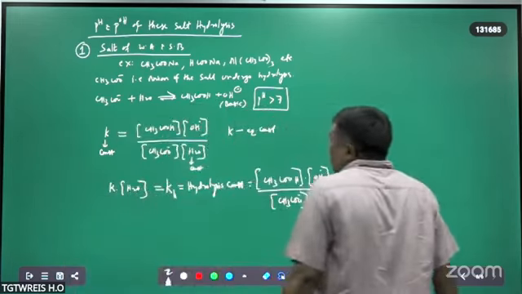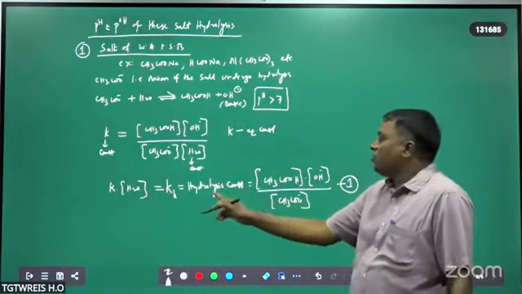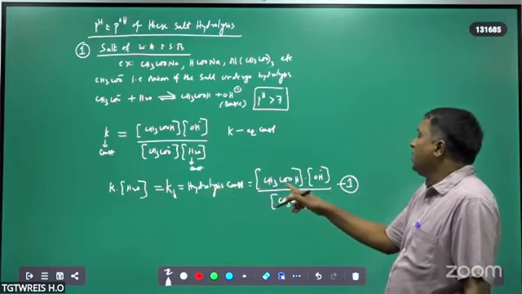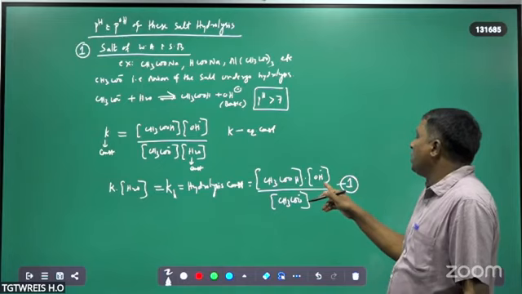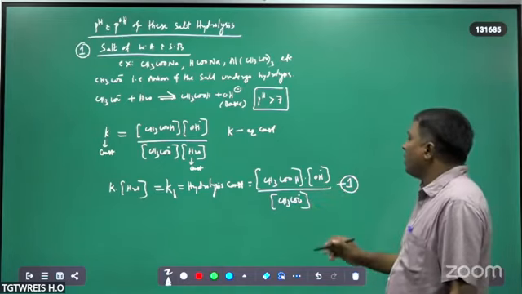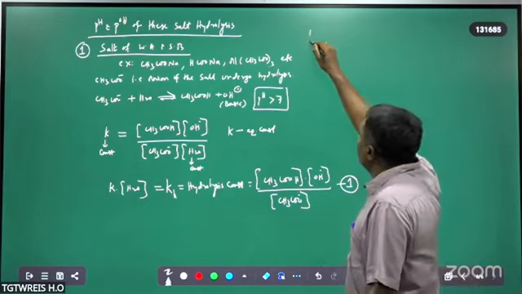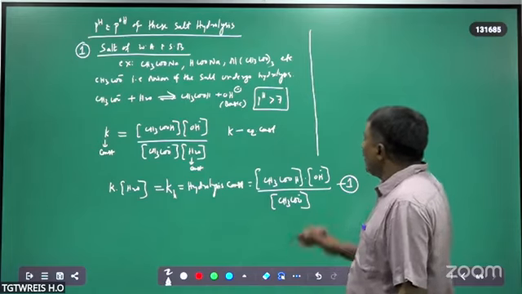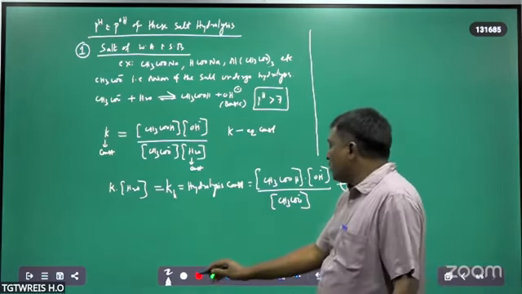Kh is the salt hydrolysis constant: Kh is equal to acetic acid into OH minus, divided by the acetate anion. This is equation number 1. And second is the ionization of water. In this we have various terms.